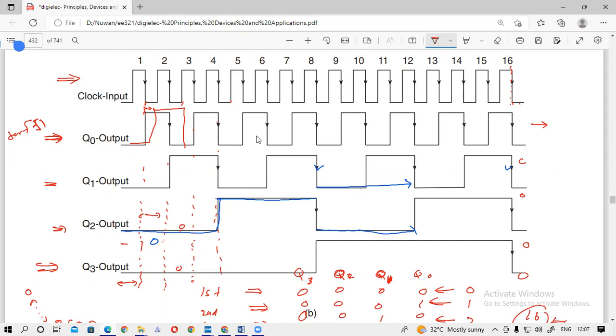If the propagation delay happens, it is not in the same time interval. There is some delay, a very small delay, so that waveform will be shifted. Is it okay?